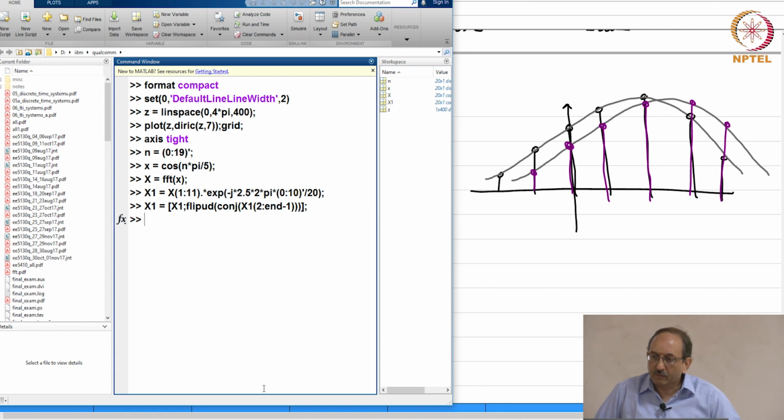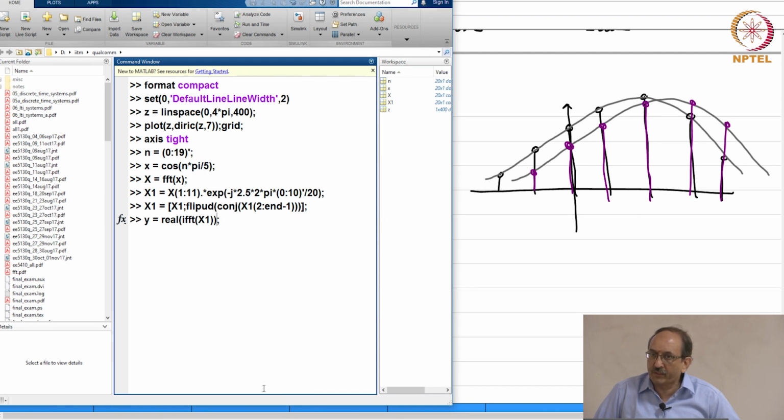Okay. And then I need to compute the inverse transform. So, the X1 vector that was created earlier, I am now doing the inverse transform. Earlier I had used FFT, the counterpart for the DTFT in terms of machine implementation.